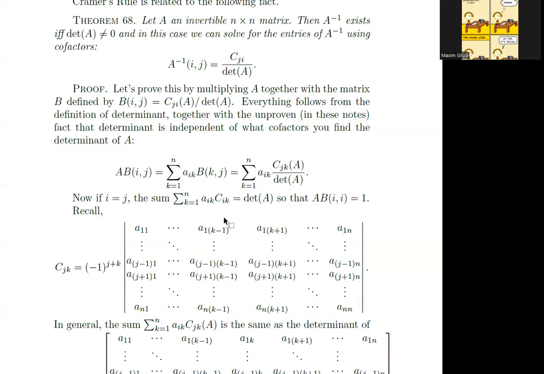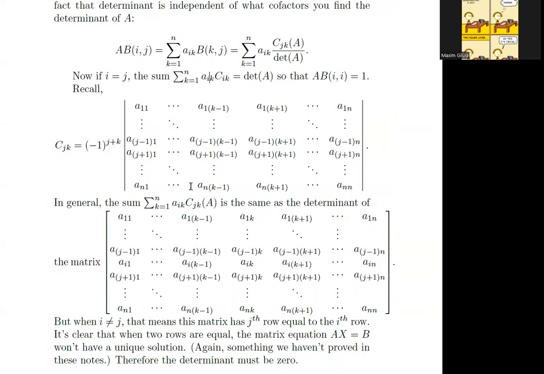So now recall that the JK cofactor is this thing. So it looks like we've removed the jth row. Like we're summing over K. So we've removed the jth row, and now we're summing over all the K columns that get removed by removing the jth row. In general, this sum is the same as the determinant of this thing.